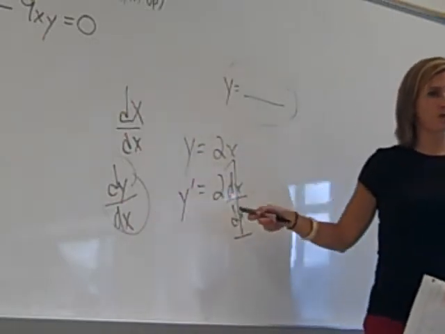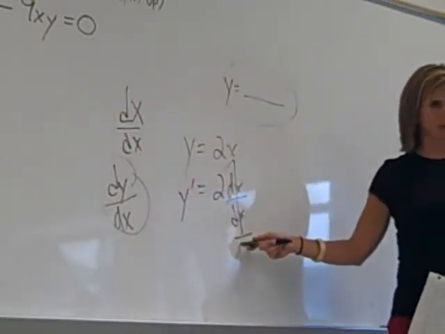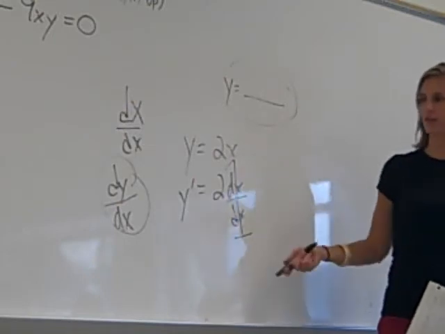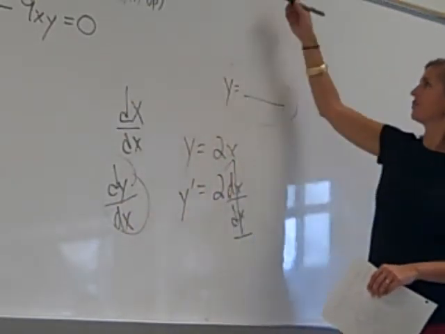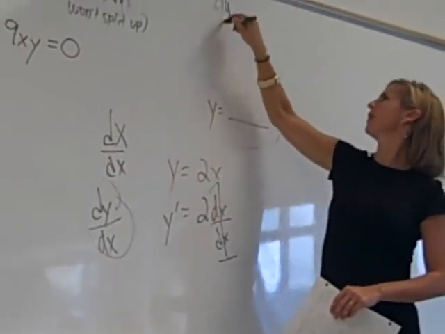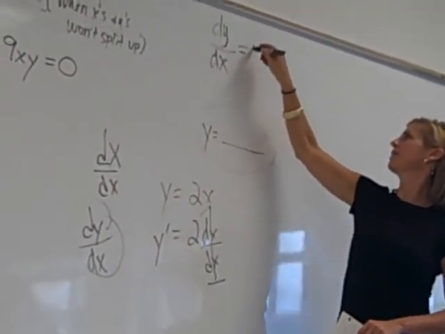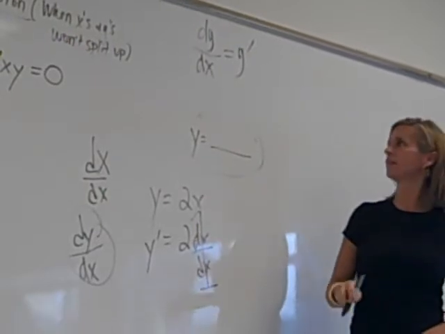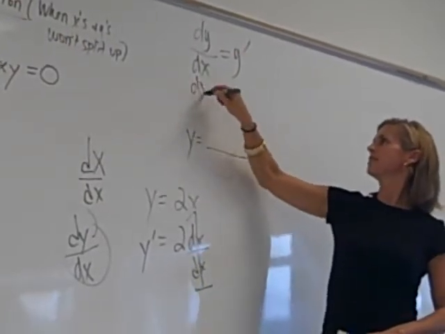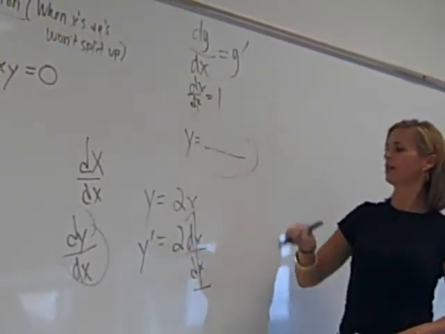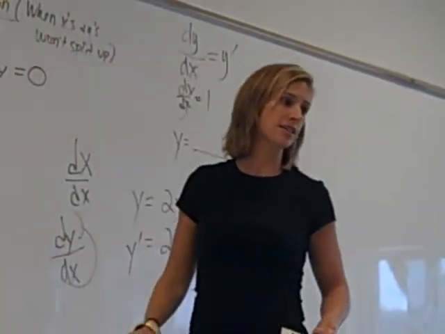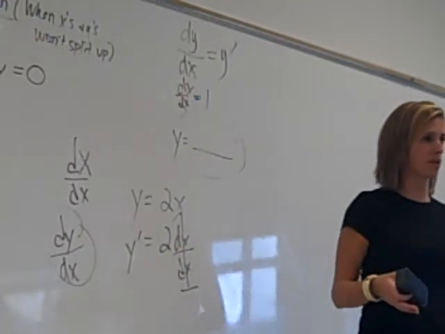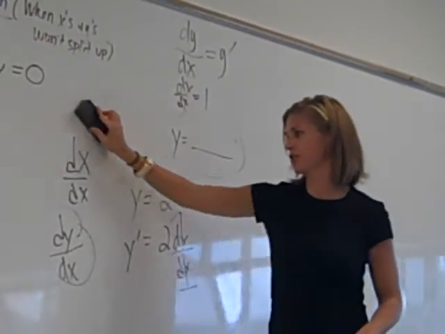The reason why the derivative of x with respect to x is 1 is it's the same thing over the same thing, and then this is a little bit different. Now, just for our sake, dy dx, I'm going to write that as y prime because it's a little easier. And dx dx is just 1. So I don't actually ever have to use the dx dx. But you should know that it's there. We just don't write it because it's just 1.